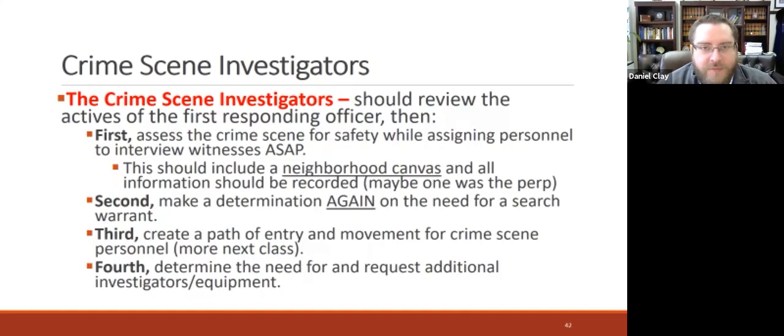The officer is not going to share their impressions with the witness, but needs to write them down, like they're lying, or it seemed like they couldn't remember what they were talking about. And the idea here is the same reason we separate material witnesses: one of them could be the perpetrator, especially material witnesses, people who are instrumental in proving there was a death or something along those lines.